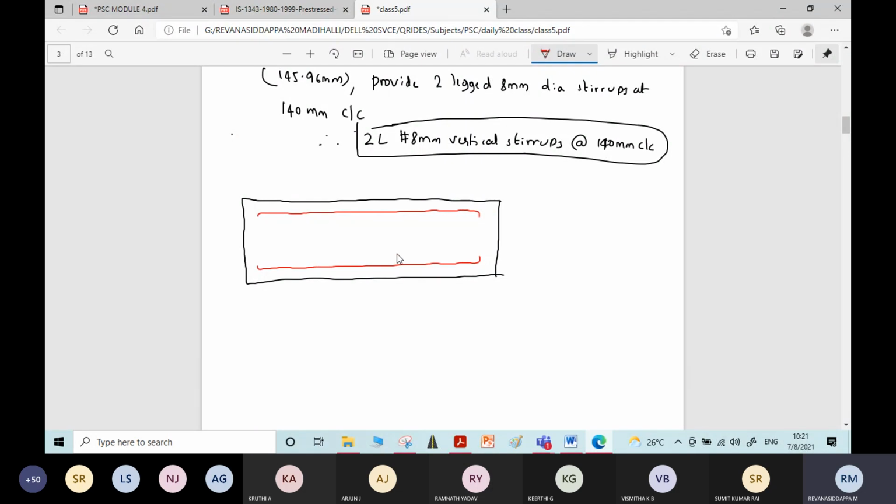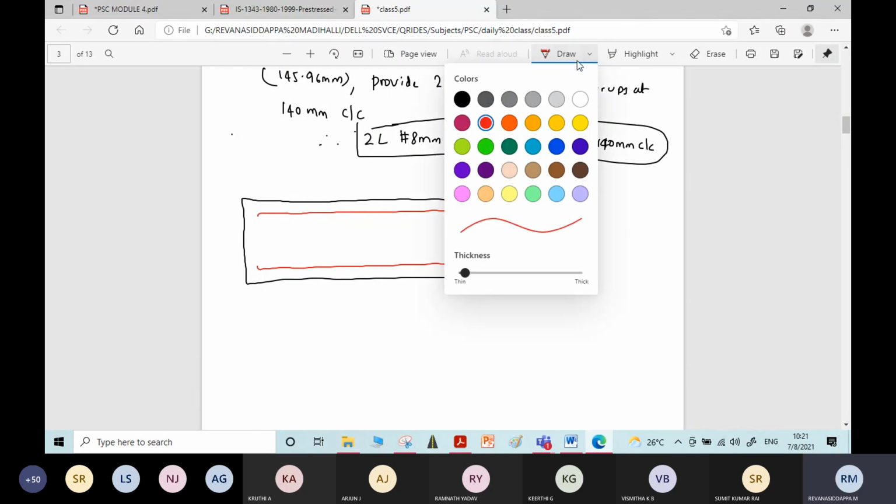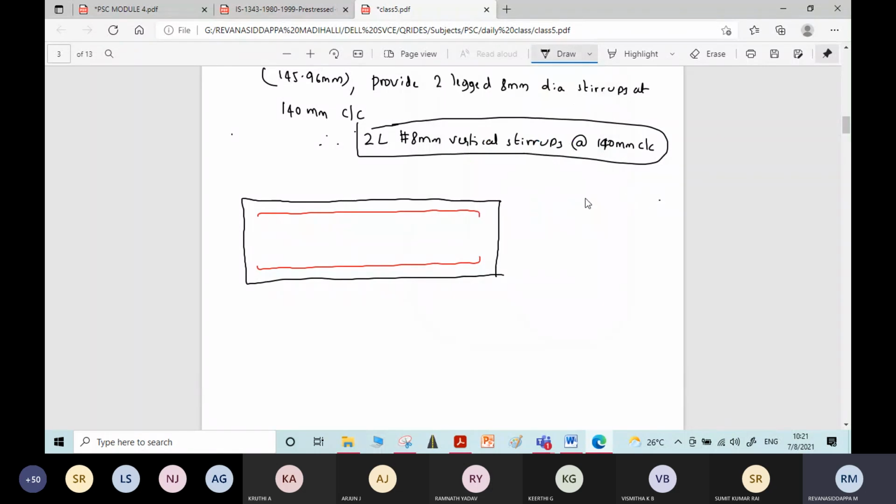Okay, these are the main bars. The details of the main bars are not given.